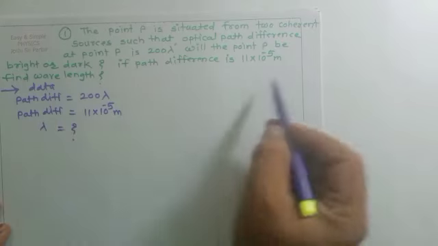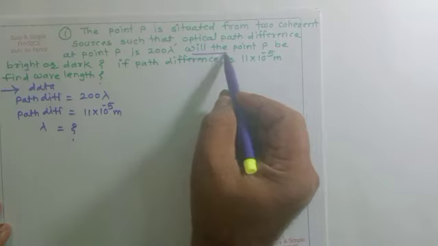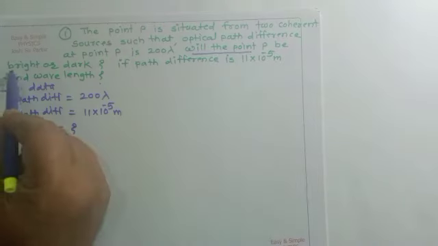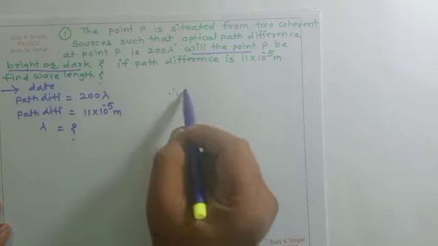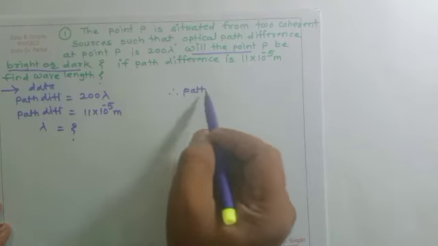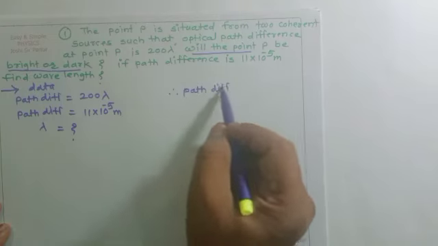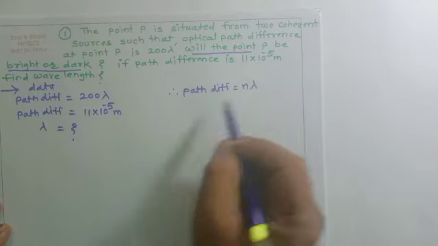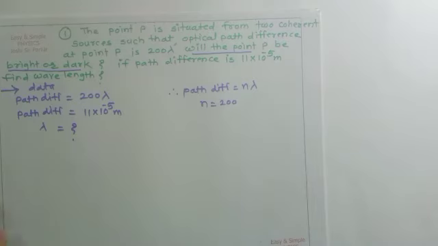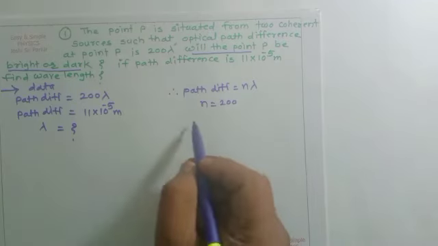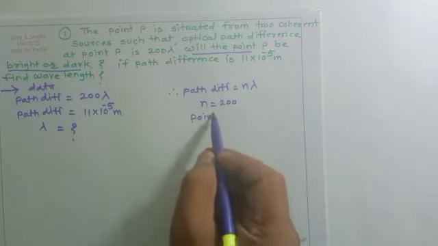So first we can find, will the point be bright or dark? See here a condition: if path difference is equal to n lambda, n is equal to 200, then we say that point is bright.